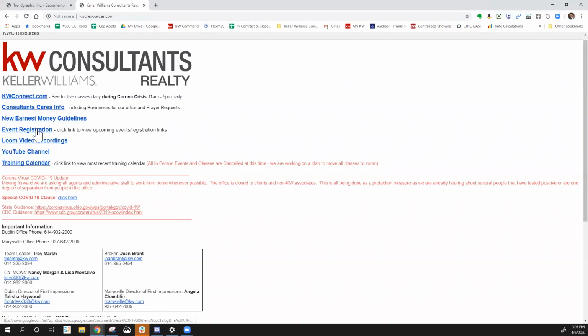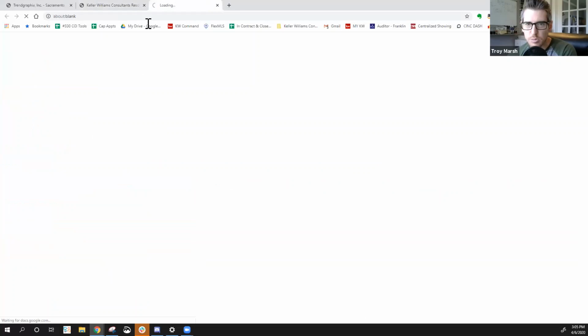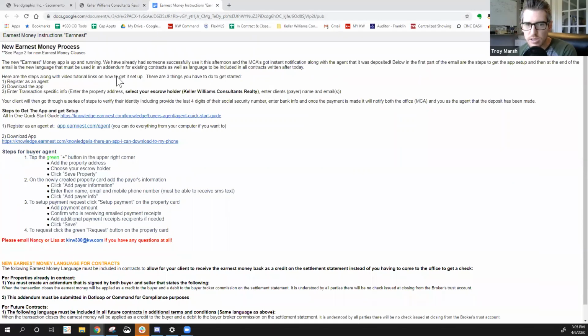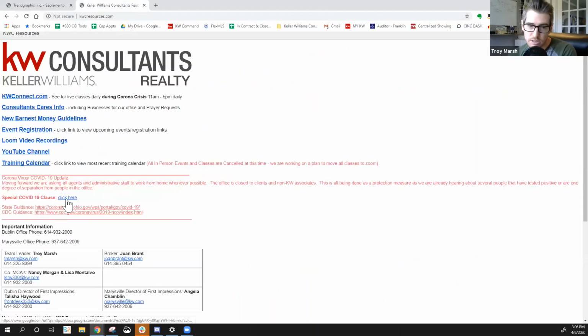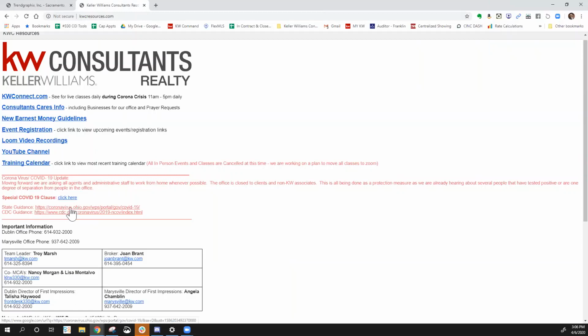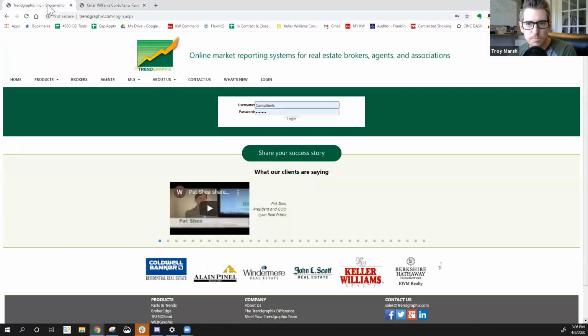We don't have any event registration right now because obviously there are no events going on, but I've also got the earnest money guidelines in here with the process on how to do that, with some language down here. And I also put the coronavirus language clause in here, and also the state and CDC guidance. So, some different stuff going on. It's a great resource page. I just thought that we get a lot of the same questions over and over again, so if we could put everything in one place, that would be helpful.